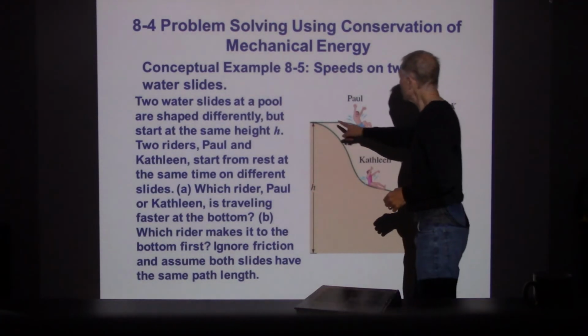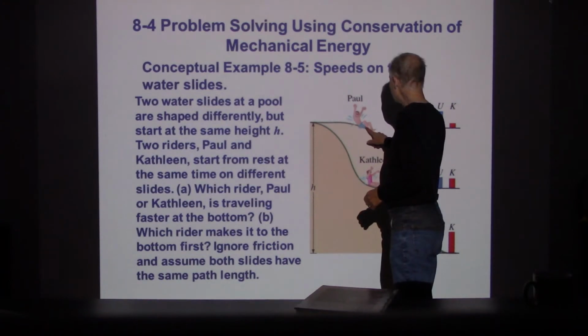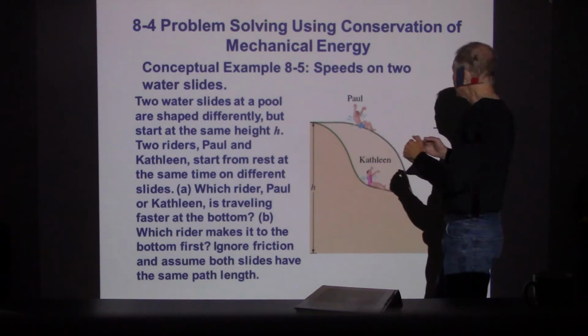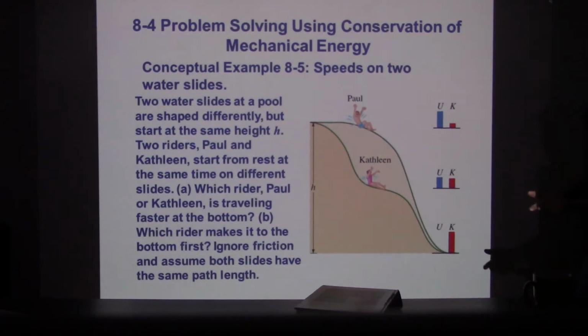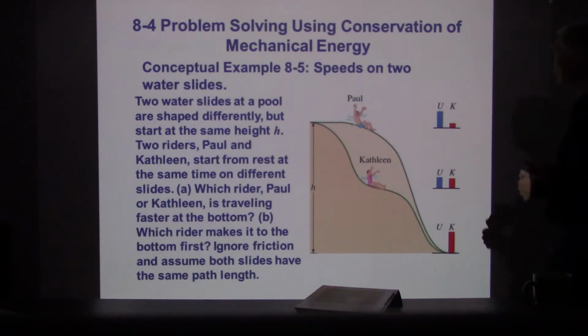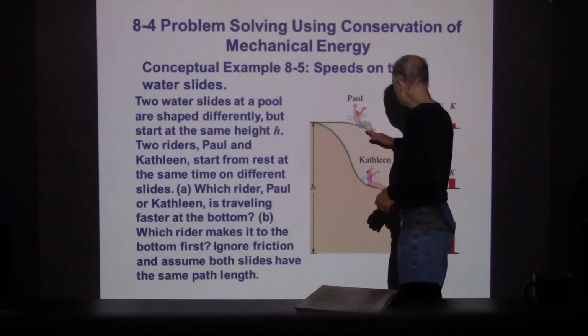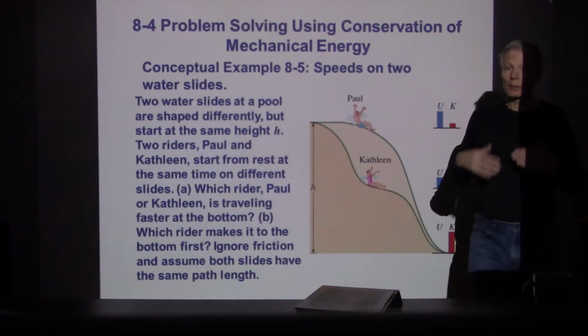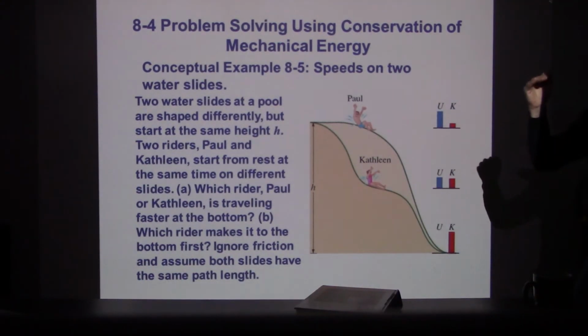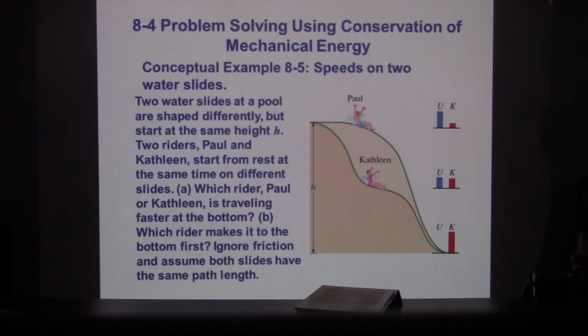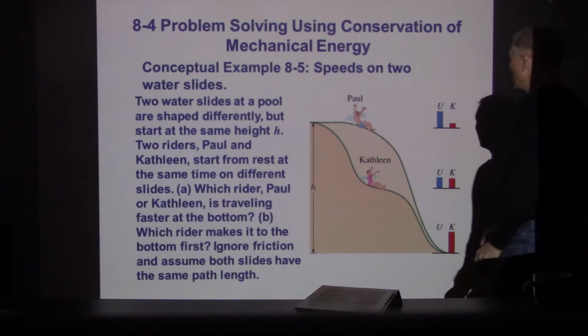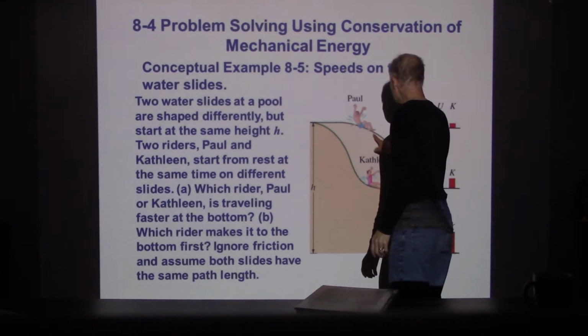Because in order to calculate the forces and the accelerations at every point, I would have to have information about the angle that the track is tipped at every location. I would need to know, moment by moment, what is the angle and what's the acceleration. It would be a really complicated calculus problem to add all those effects together.